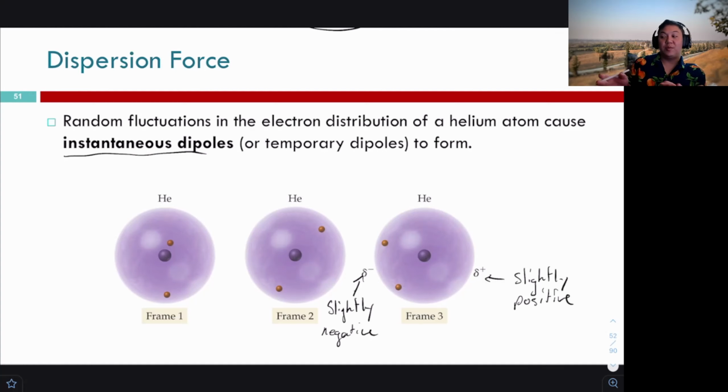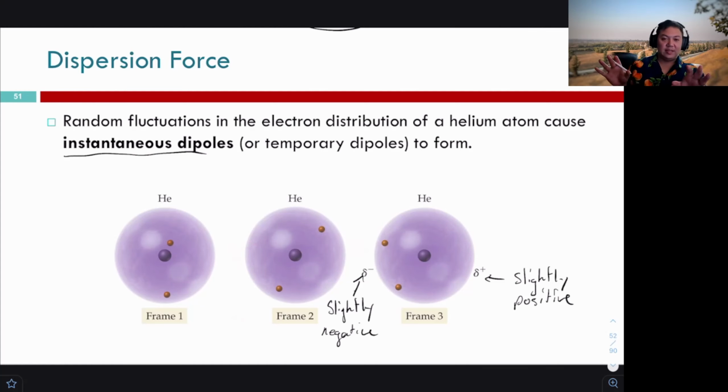So if we have something that's got a positive charge, it's going to attract things that have negative charges, and vice versa. You can imagine if you had one helium like this, and it bumped up to another helium atom, this negative charge would also repel these electrons instantaneously, so they'd go to the other side, and you'd end up with a partial positive and a partial negative.